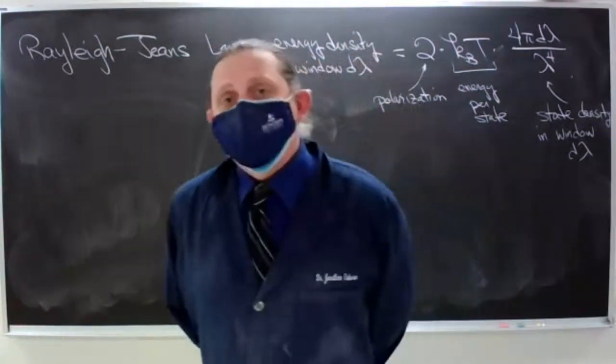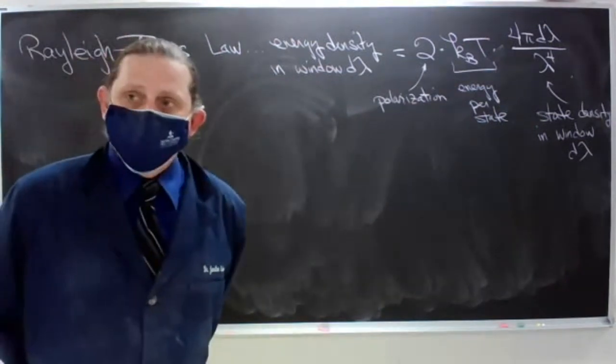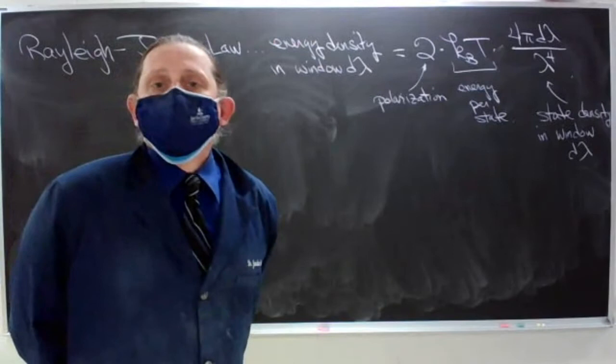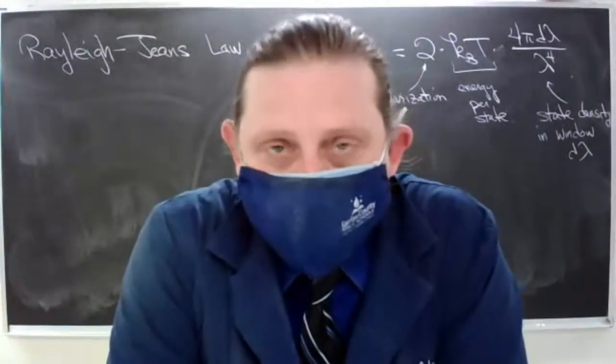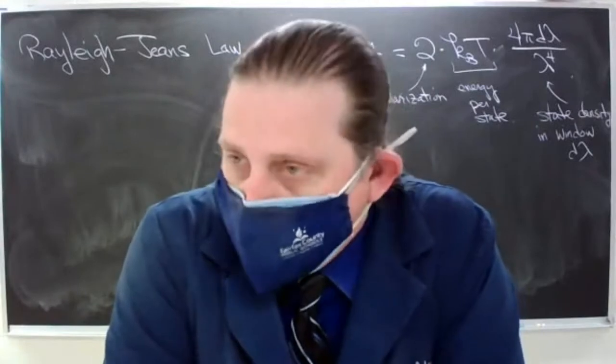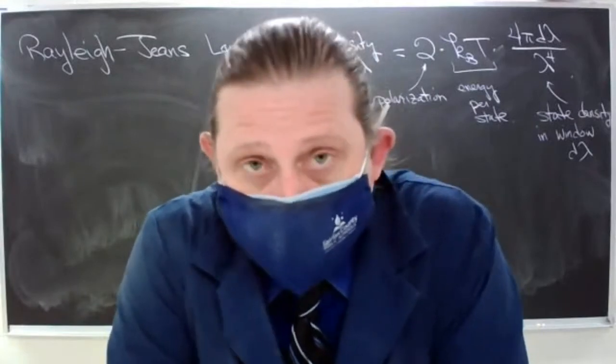Now, while this expression is perfectly integrable around lambda equals infinity, that integral will diverge around lambda equals 0. So this gives us a small wavelength catastrophe, which we called the ultraviolet catastrophe for that reason.